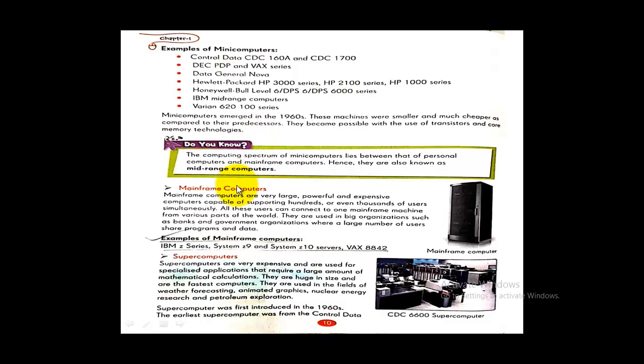The computing spectrum of minicomputers lies between that of personal computers and mainframe computers, hence they are known as mid-range computers.